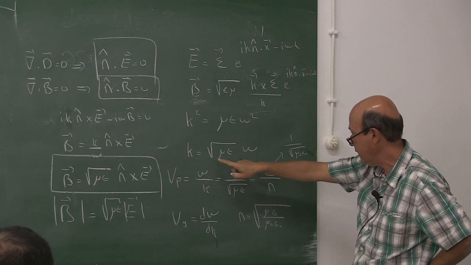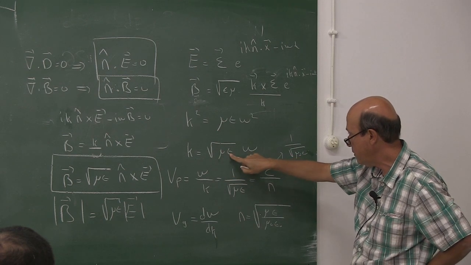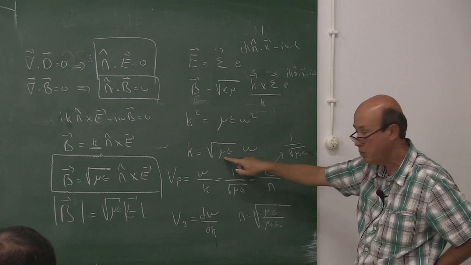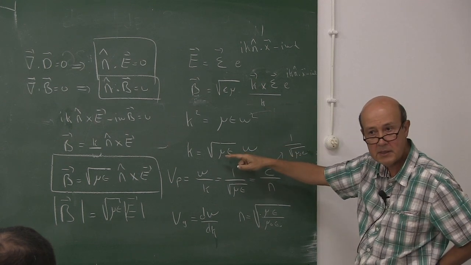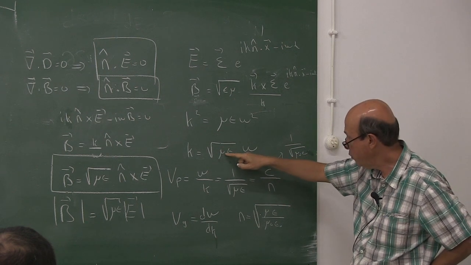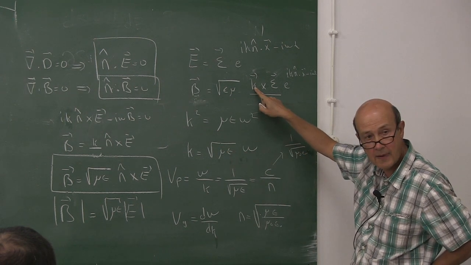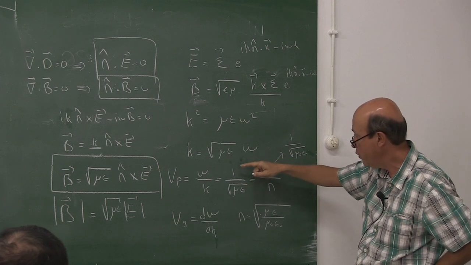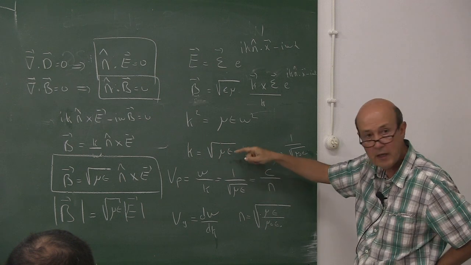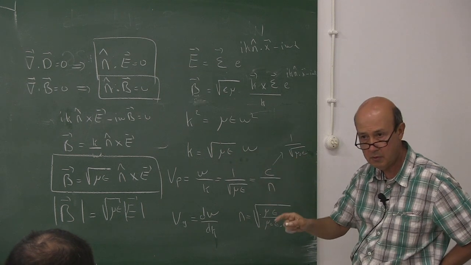Magnitude of the K is square root of mu epsilon times frequency. Frequency is the same. But this term is divided by the mu. Therefore, altogether that becomes what? Square root of mu epsilon from K divided by mu will make what? Square root of epsilon over mu.